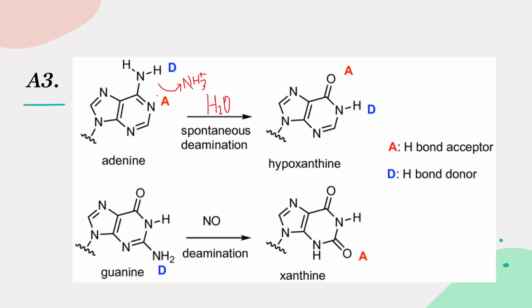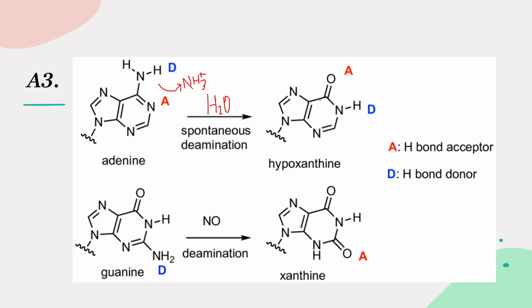Then the H plus will bind to this NH2, and it will be removed as NH3 plus, and then OH will be bound at this point, and after this the pi bond will move to this region, and the H will be removed as H plus ion, and a double bond will be formed, and this structure will be known as hypoxanthine.